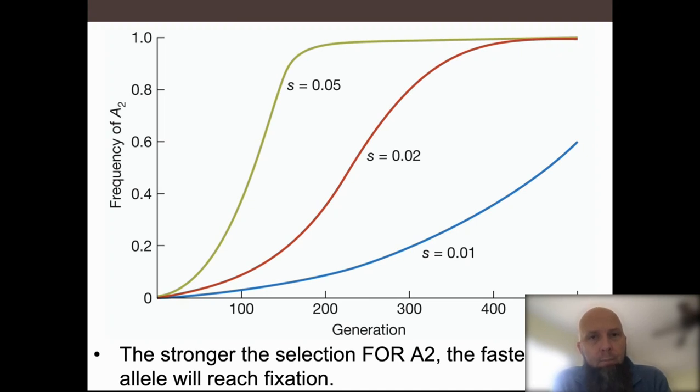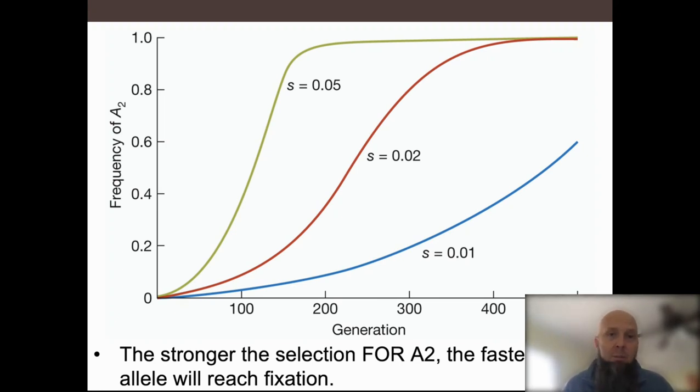And what you're seeing is how quickly the frequency of A2 will increase at those different levels of selection. If selection confers a 5% advantage to A2, then within 100 generations or so, well before 200 generations, A2 is going to be 100% of the population. The population will become fixed for A2, and that means only A2 is present.